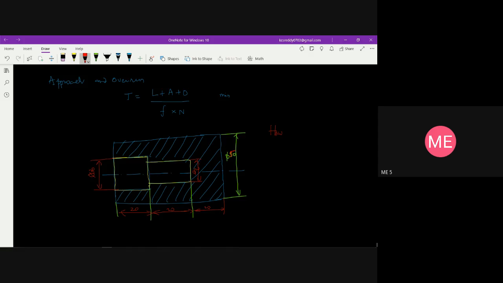So how much time is taken to complete this job? I mean, you need to prepare this kind of step turning model. So the actual job is given, and from this we need to find out how much time is going to be taken to complete this model.